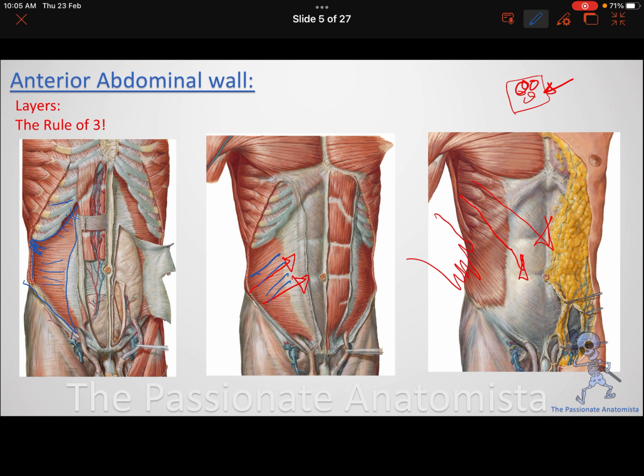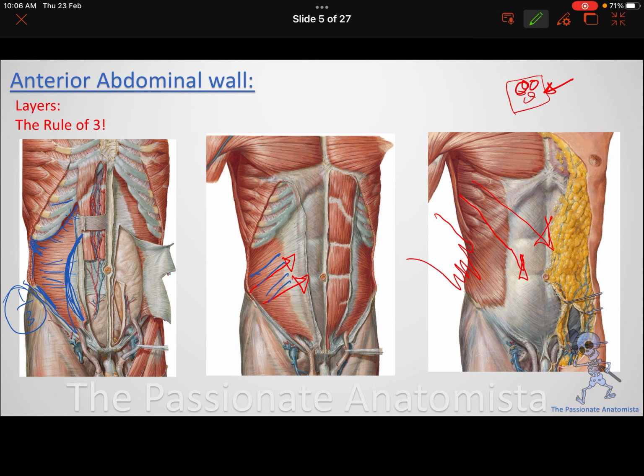So this is all giving origin, and it comes out of the lateral 1/3 of the inguinal ligament. Lateral 1/3 only, the transversus abdominis, and of course it runs transversely and it stops at the musculo-aponeurotic junction.